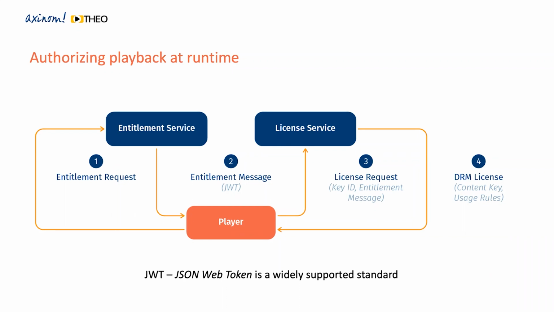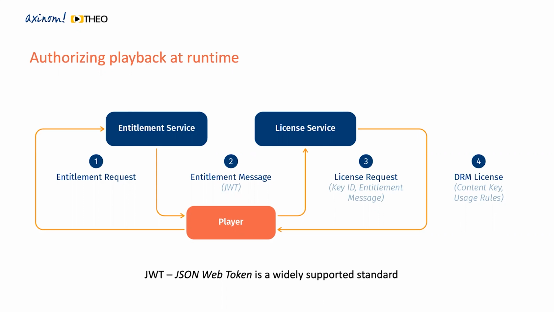So when that entitlement service has created the entitlement message in the form of a JSON web structure, actually a JSON web token that is signed to make the entitlement message tamper-proof, that goes to the player application again. Then the player can finally turn to the Axinom DRM license service in the cloud, and while doing so, it will attach the entitlement message it just received.